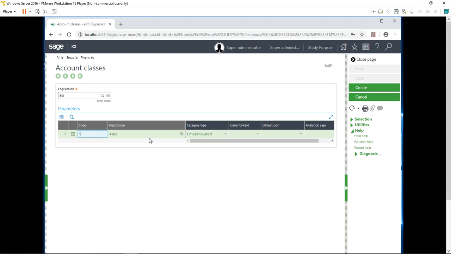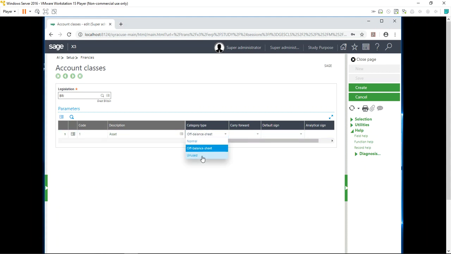Generally this type is used to track financial commitments. Definitely there will be a video for that commitment level, and at that time we will understand what the off balance sheet category type is.